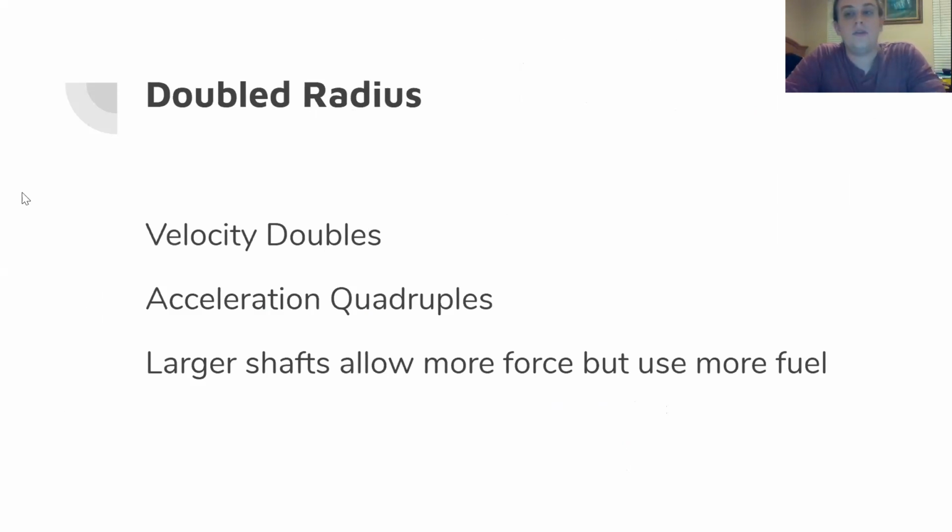What if we doubled the radius of the crankshaft? What we found when we did that was we doubled the velocity, and you can find this if you modify the Excel file that will be attached with this presentation.